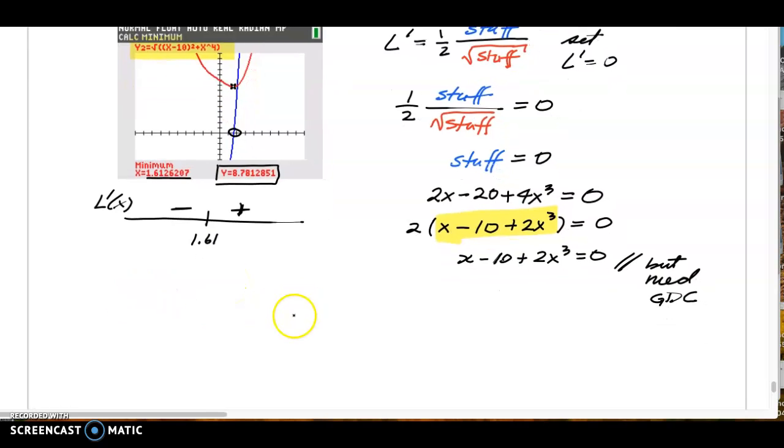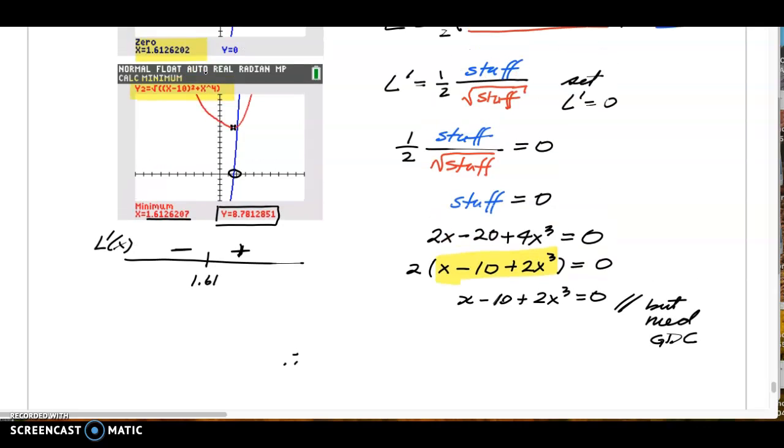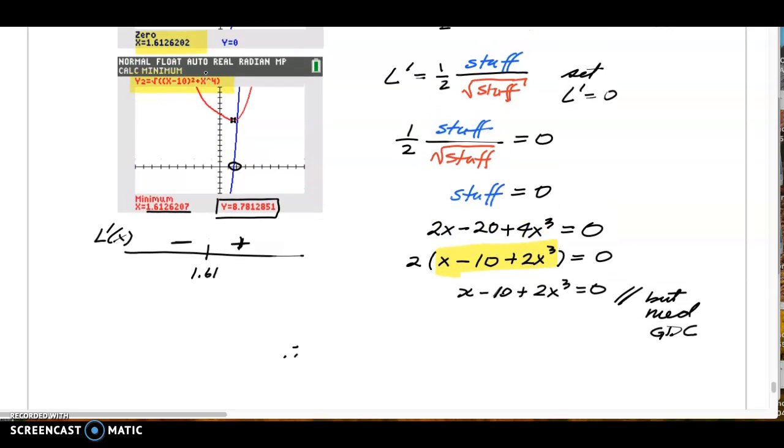So therefore, I would sketch this in the problem. I'm just using this because I have technology, but this I would actually sketch and have as part of my problem.